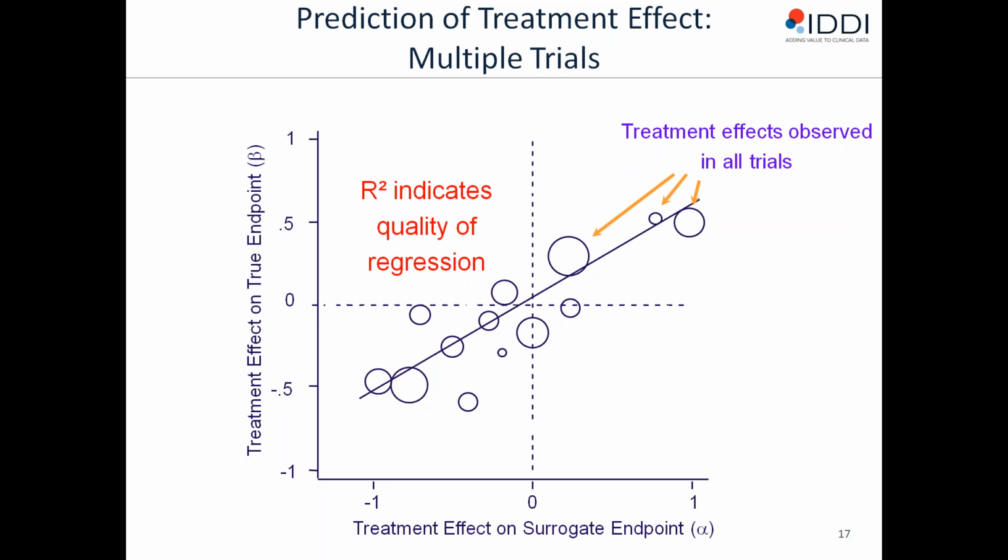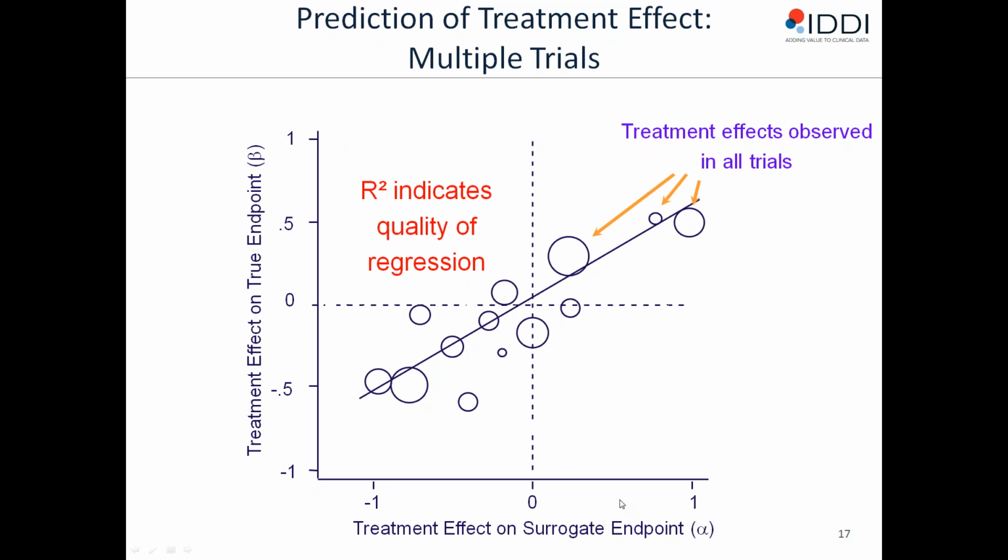And if the association is tight, and this can be measured by, for instance, the coefficient of determination or the correlation coefficient between these pairs of points, then if this association is strong, using a linear regression, for instance, as here, you could build a prediction model which would give you relatively precise predictions of the effect on the clinical endpoint from the effect on the surrogate.